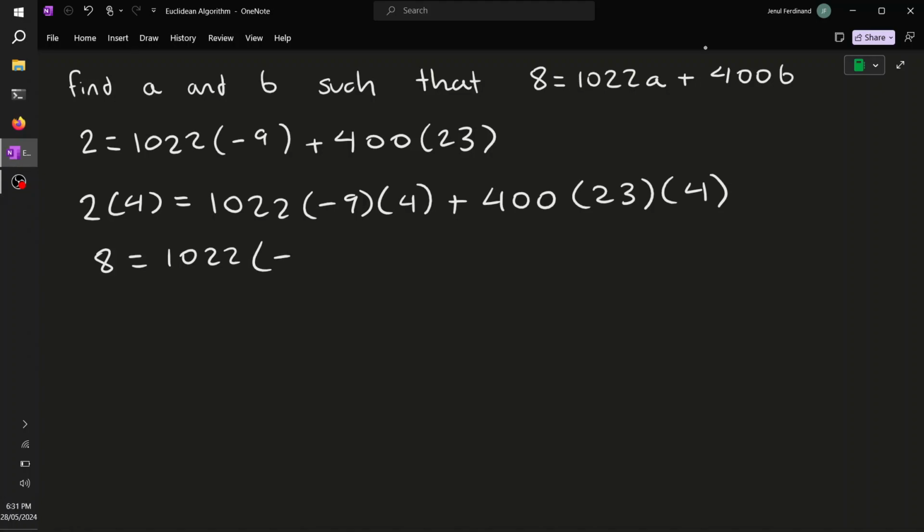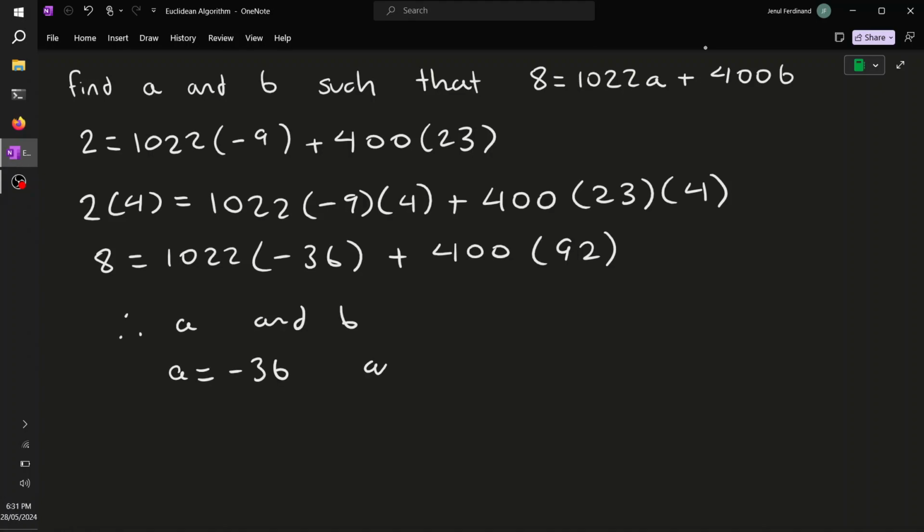And this will be negative 36. And this will be 92. So therefore, A equals negative 36 and B equals 92.